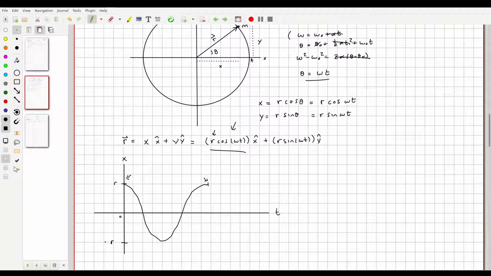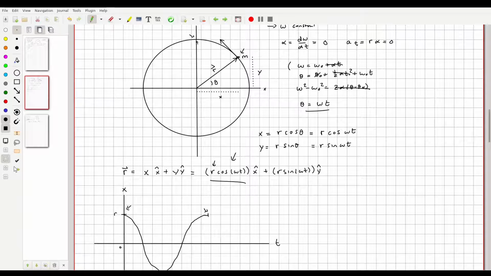This distance, r, is the furthest distance away you can get from the origin. We call that the amplitude. Omega is the angular frequency, or the angular velocity.